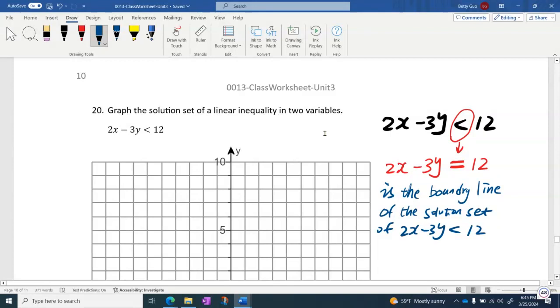We can also understand this as: a linear inequality in two variables is an inequality whose solution set, sorry, let me reword it. A linear inequality in two variables is an inequality whose solution set has a boundary that is a line. The solution set has a boundary, right? And the boundary is a straight line.